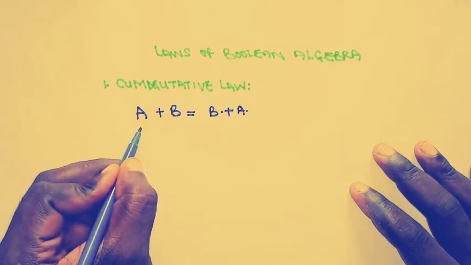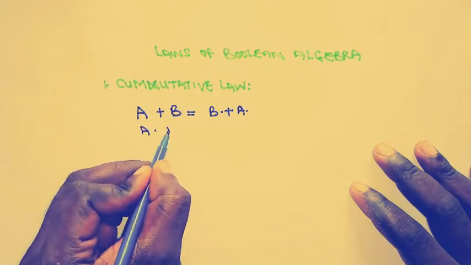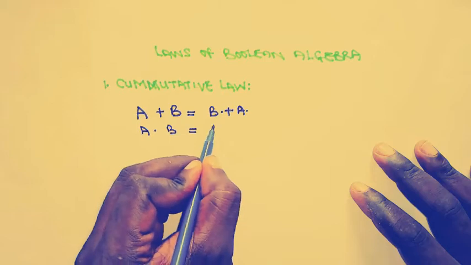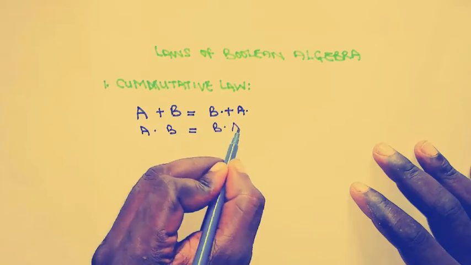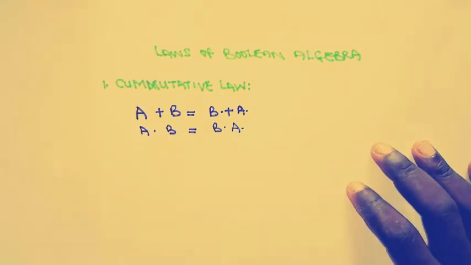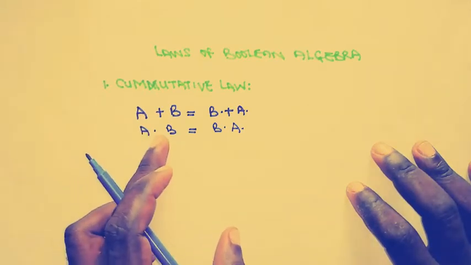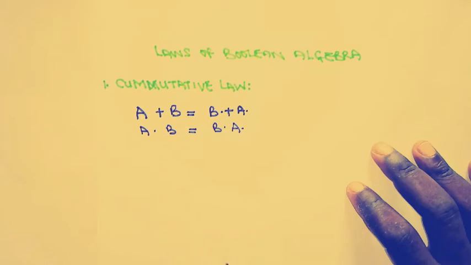The same thing happens when you say A multiplied by B is the same thing as B multiplied by A, and that is what we call the commutative law. The order of arrangement, whether A comes first or B comes first, does not really change the outcome.